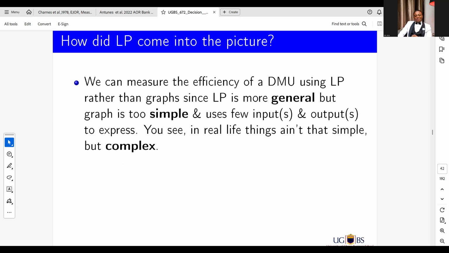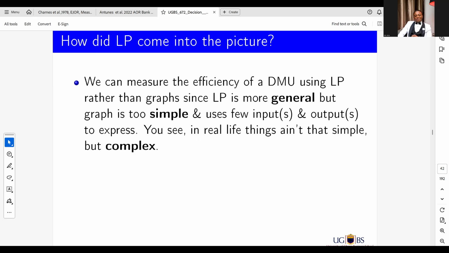When the inputs are 3, you cannot do 3D easily. I can show you a couple of 3D graphs and it's even complex to look at. But life itself is not simple. Life is complex in real life. The simplicity is only used to lay the foundation, after which you then go to the real thing that is not basically about simplicity.